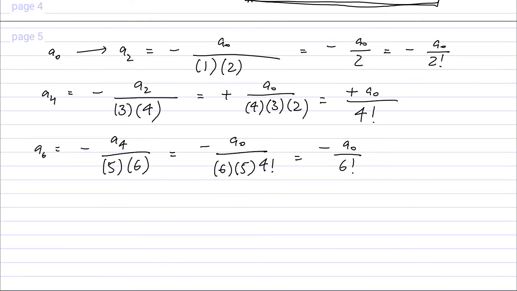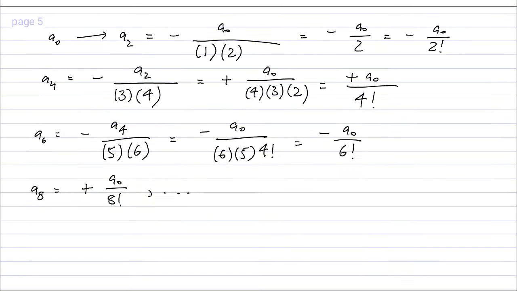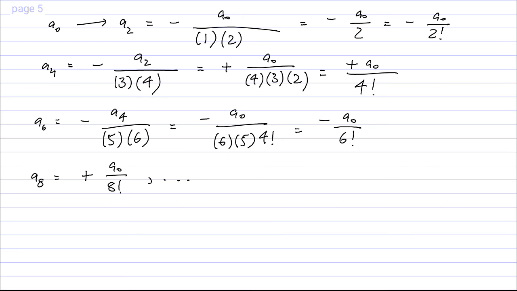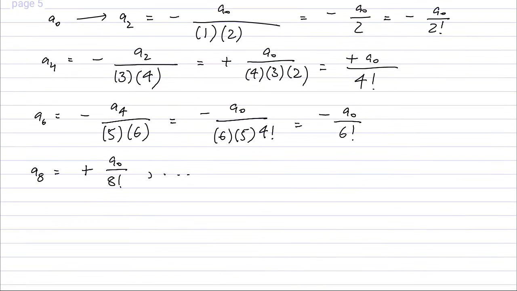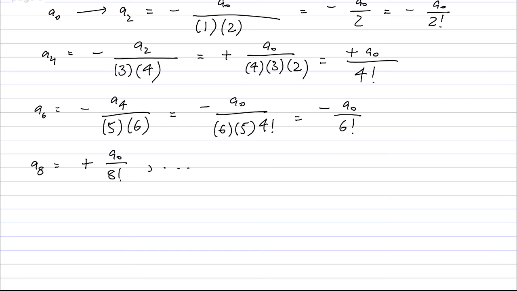So going on, you can kind of see the pattern already. So a8 will be equal to plus a0 over 8 factorial and so on. Right, fine.